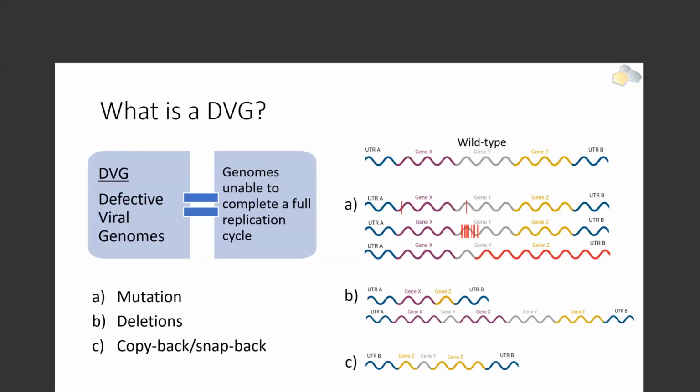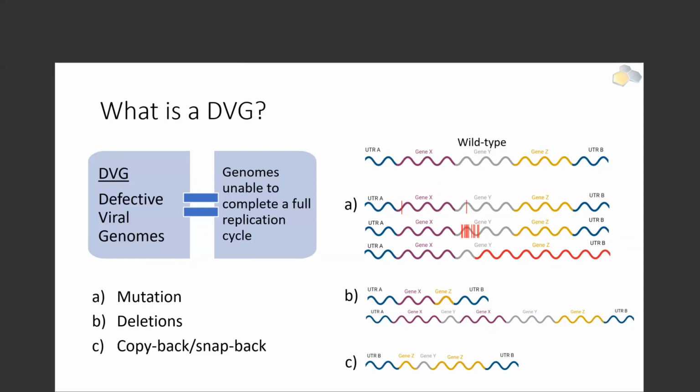There is a category of DVGs that have originated through some mutations, either one or two point mutations that somehow affect the replication cycle so drastically that they result in genomes that cannot complete the replication cycle. They can be either that or just hypermutated regions, just regions that are highly mutated.